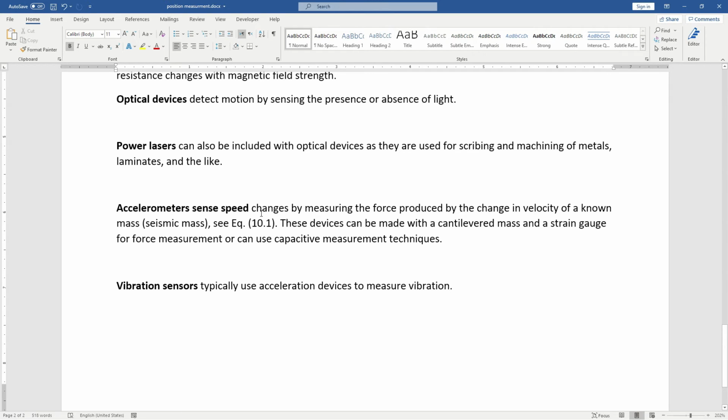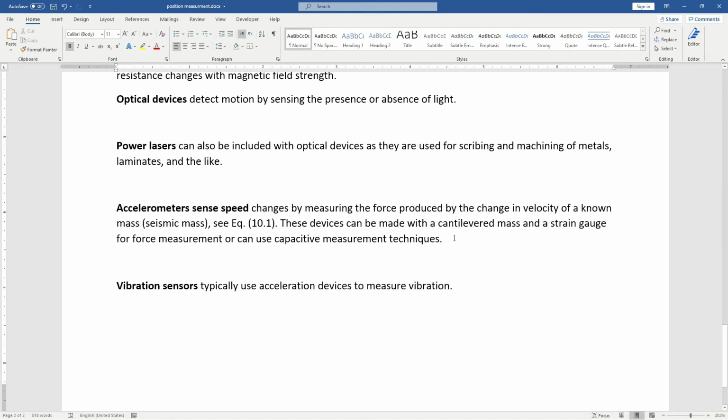Accelerometer sensor: it measures force, which is caused by the change in velocity. This measurement uses the mass change, and the mass change movement means acceleration movement; we call it seismic mass change.